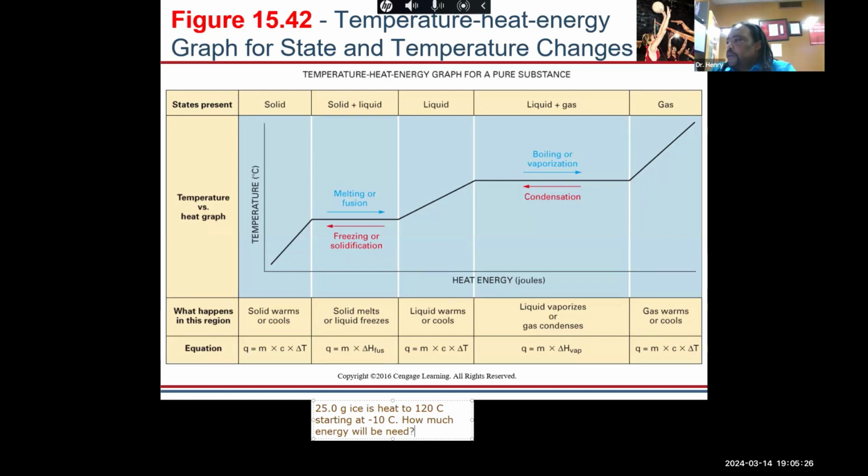Okay, so 25.0 grams of ice is heated to 120 degrees Celsius, starting at minus 10 degrees Celsius. How much energy will be needed?